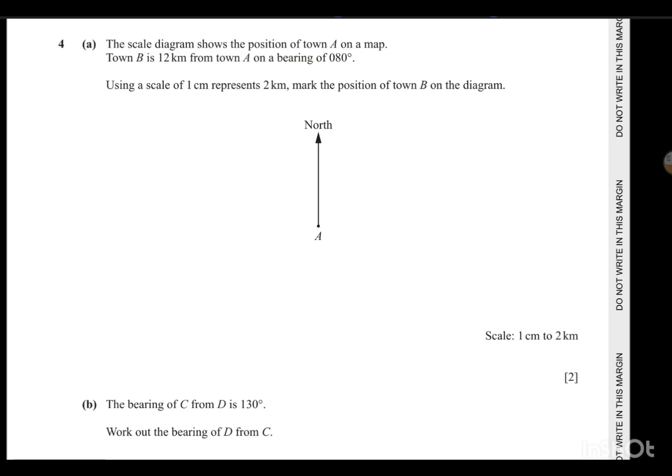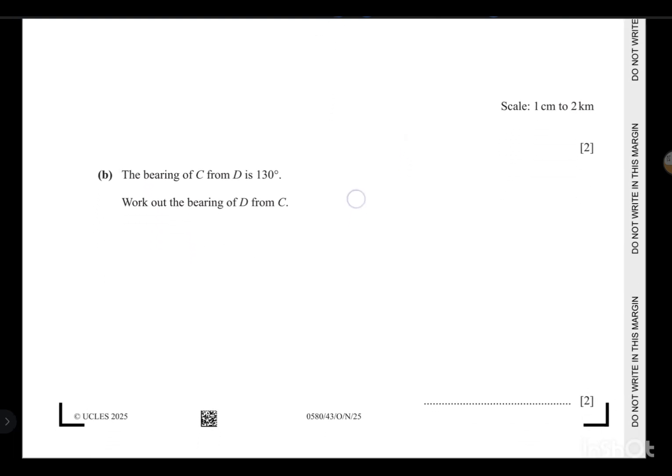Using a scale of 1 centimeter represents 2 kilometers, mark the position of town B on the diagram. For this one I need to use a protractor and compass. The description has the link for this video. You can go through it. Let us go forward now. Question B.